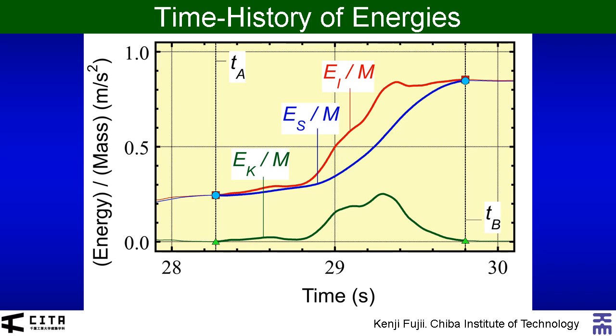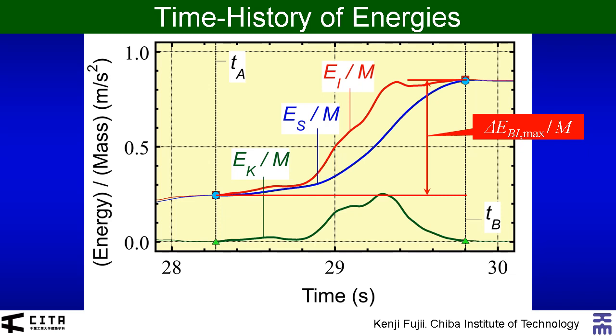So let me observe the response during this half cycle of the structural response in terms of energy. Three curves indicate the energy per unit mass. The red curve is the cumulative input energy, the blue curve is the cumulative strain energy, and the green curve is the kinetic energy.